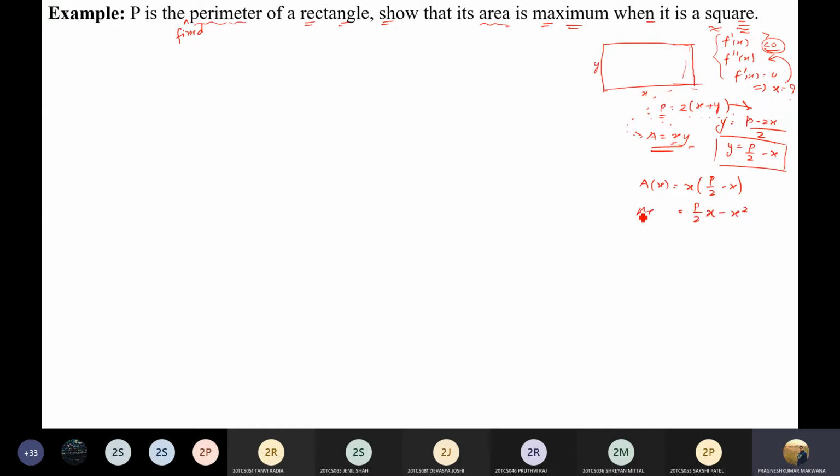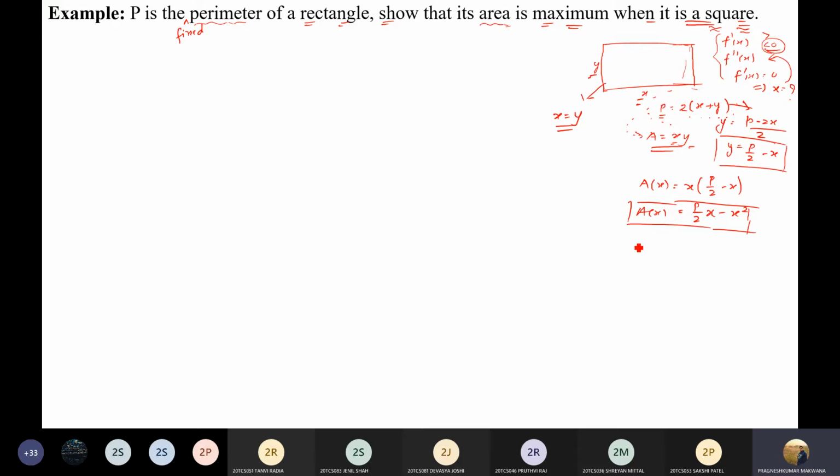That is our formula for the area of the rectangle. Now we prove that the area is maximum, and when the area is maximum, it is a square. First check at which point the area is maximum, and find the values of x and y. If the values of x and y are both equal, then it is a square.